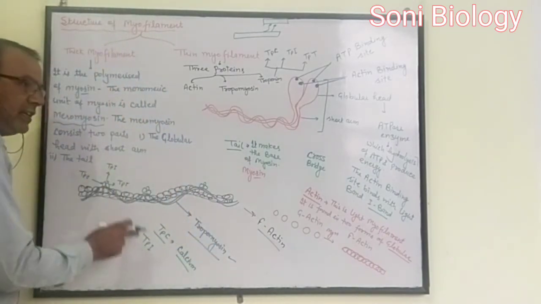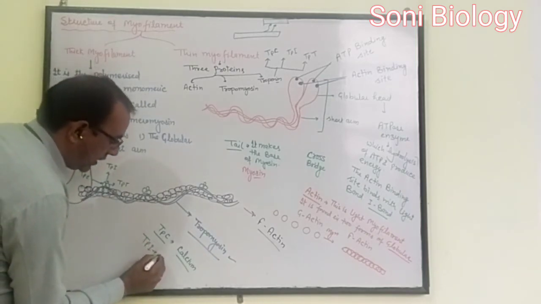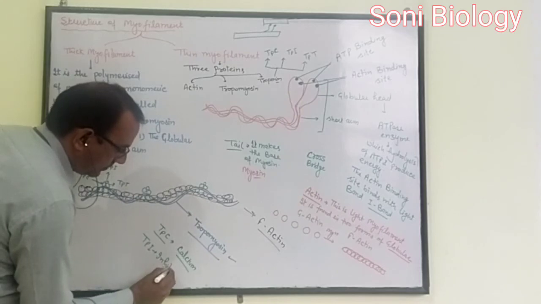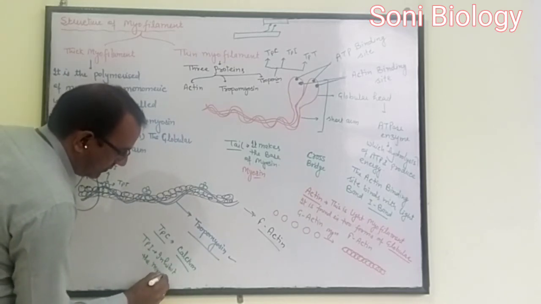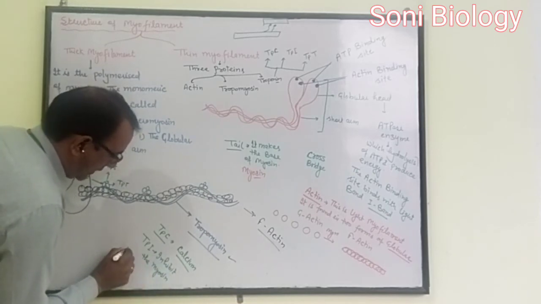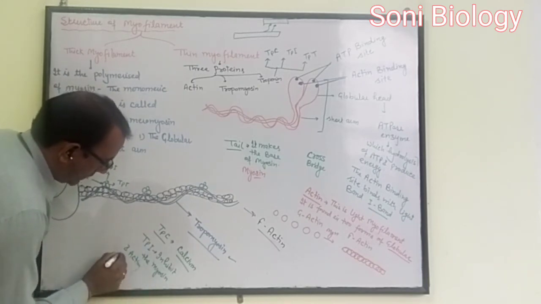This cross bridge is inhibited by TPI, so we can say that it inhibits the myosin and actin binding site.